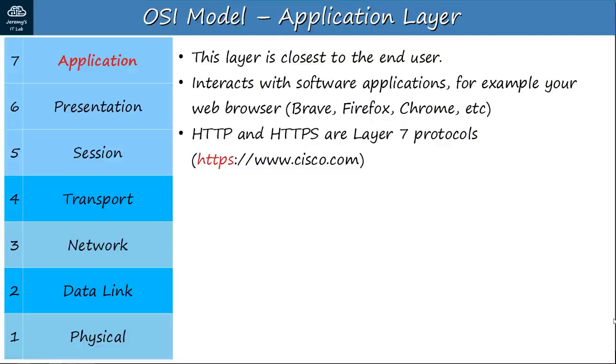Notice HTTPS before cisco.com, indicating that HTTPS is being used to get this website and view it in the browser. Keep in mind that layer 7 doesn't include the application itself, like Chrome or Firefox, but rather the protocols that interact with the application, like HTTP or HTTPS.